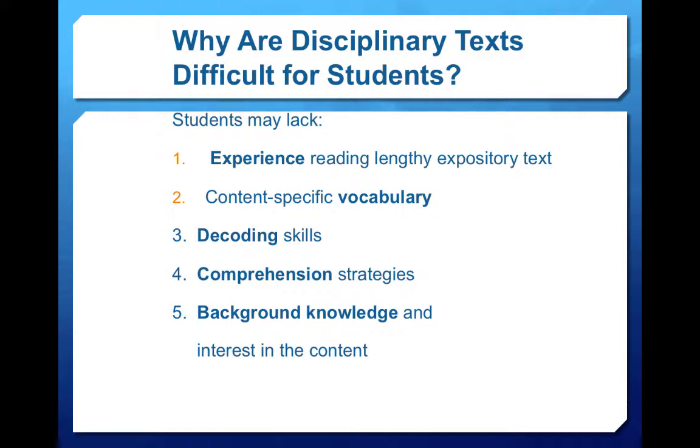We also know that students struggle with vocabulary instruction and that vocab needs to be taught in context. Students sometimes struggle with decoding disciplinary text. They struggle with comprehension, and so we need to teach them comprehension strategies. And then sometimes they don't have background knowledge about the content, and so then we need to build their background knowledge before they access the text.